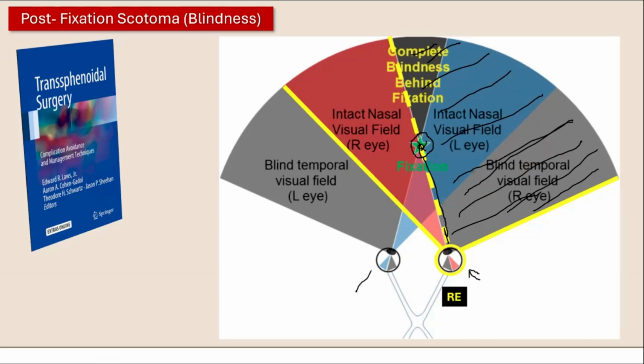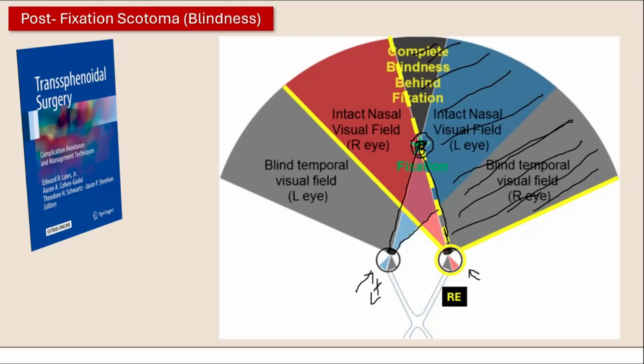Now let's move to the left eye. This is the left eye. Again, it fixates on the star, the fixation point. The nasal field, which is intact, in blue, overlaps with the affected temporal field of the right eye, but not all of the temporal field, okay?